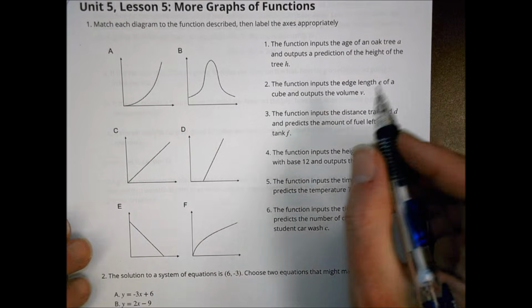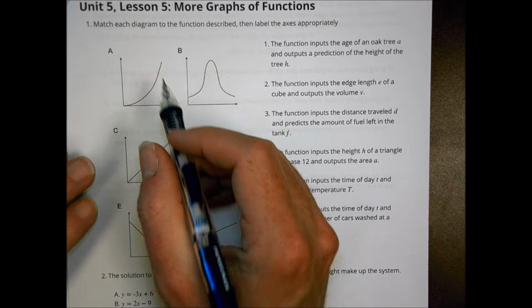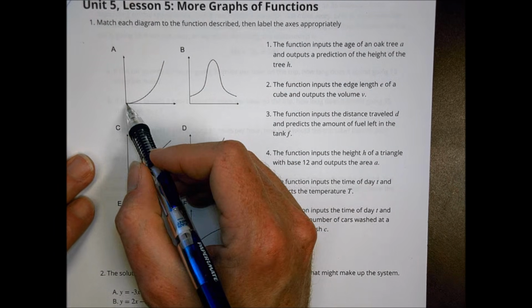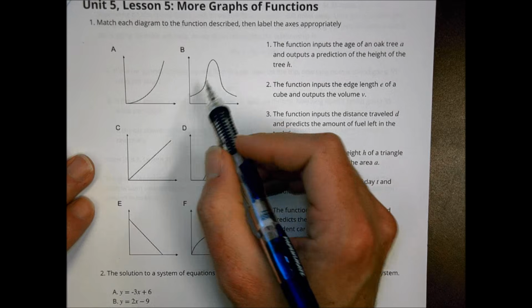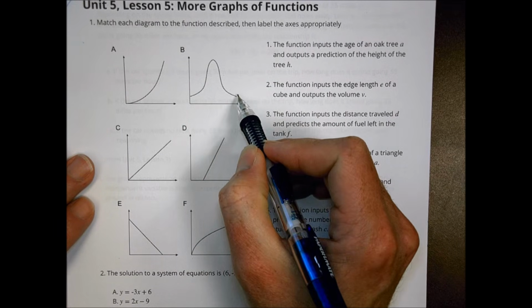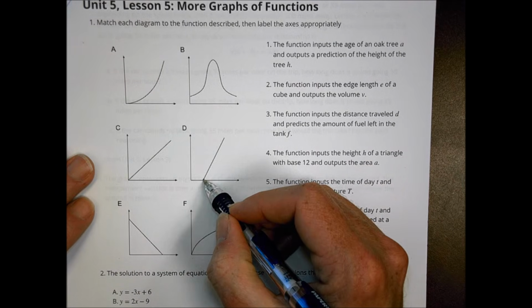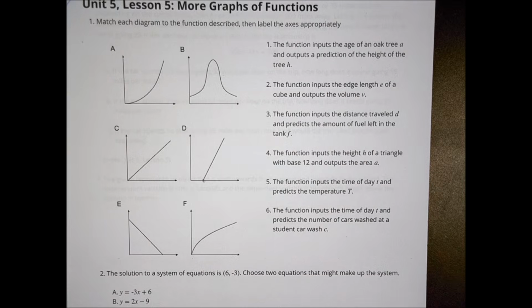It might be easier to figure out number 4 before you do number 1, based upon what you see happening. When I look at these graphs, I can see a gradual increase there. Here for B, I'm going up and reaching a peak and then coming back down. C seems to be linear. D is linear, but it's starting at a different point there, right? It's not starting at the same point as the others.